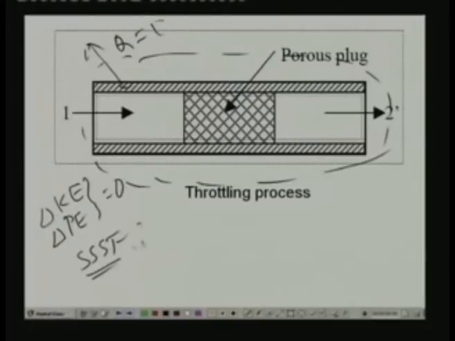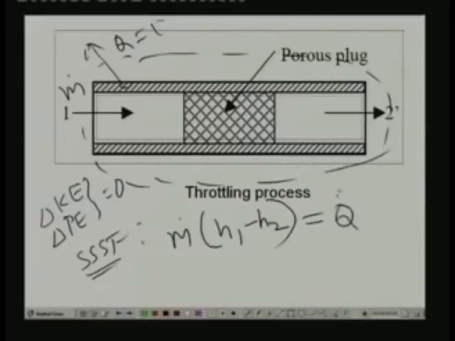So what do we get? We find that if m dot is again the flow rate of the liquid, m dot into H1 minus H2 is equal to Q plus W. But we find here that there is no heat transfer, Q is 0, and there is no work production, so W is also 0.